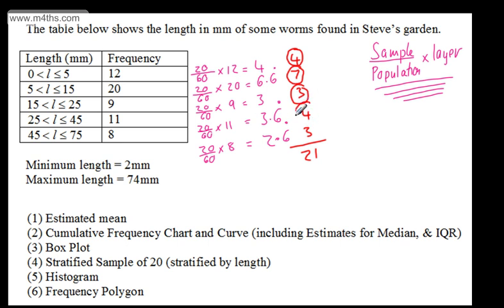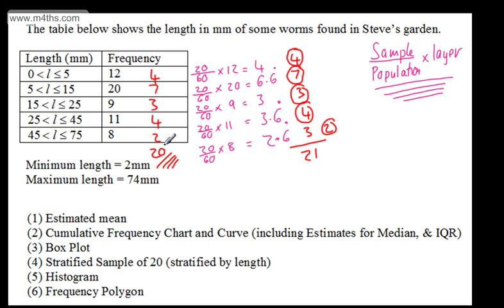So that will be rounded up to 4, this will be rounded down to 2, and that will give me the 20 required. So we're going to have 4 of these, 7 of these, 3 of these, 4 of these, and 2 of these. 11, 14, 18, 20, and that gives me each value that I need, or 4 from the first layer, 7 from the second, if I want to take a stratified sample.